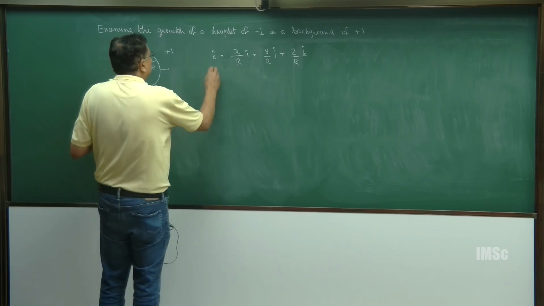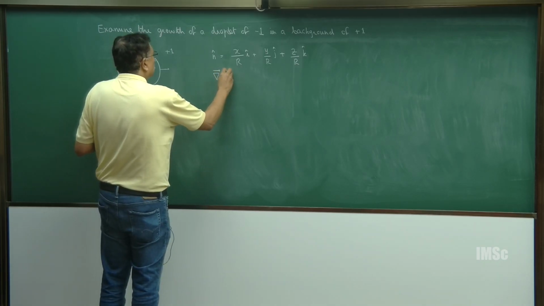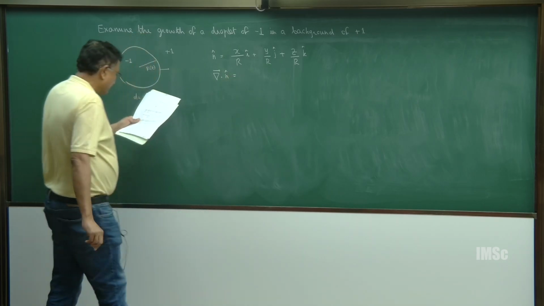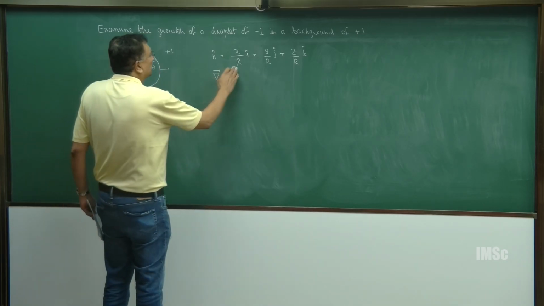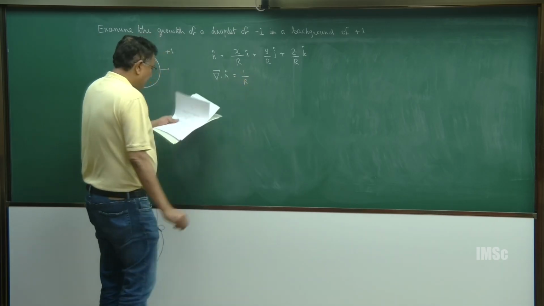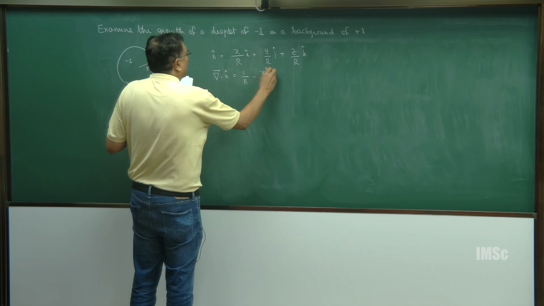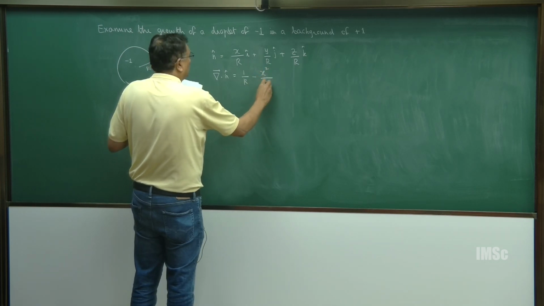What is the divergence of n? Help me out with this at least. Let us take the derivative one by one. So, this is 1 over r minus x squared over r cubed.